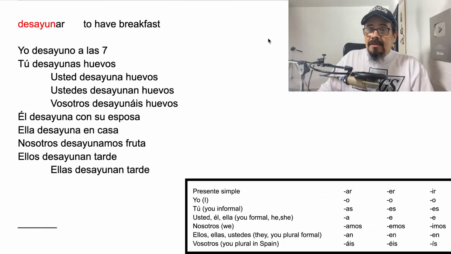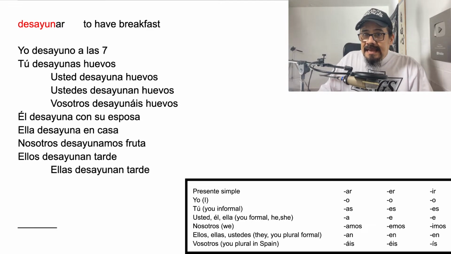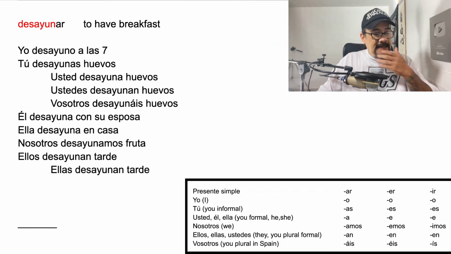In order to conjugate those regular verbs, we replace that ending with the endings in the table, according to the different subjects and pronouns, and according to the ending of the verb.